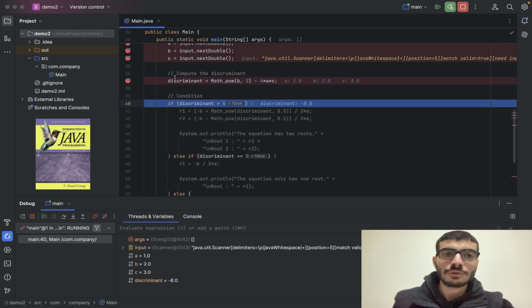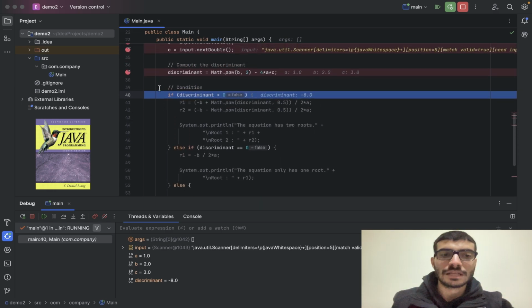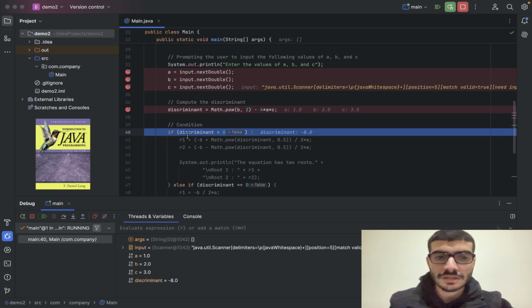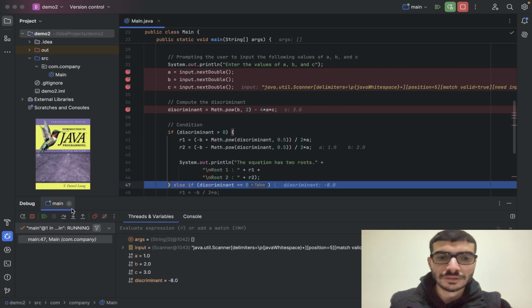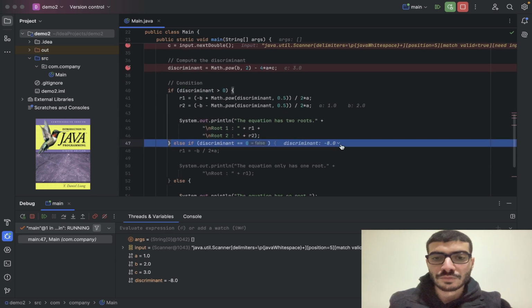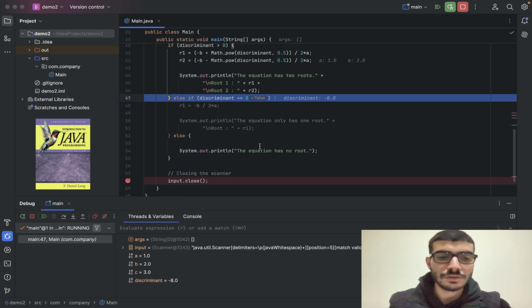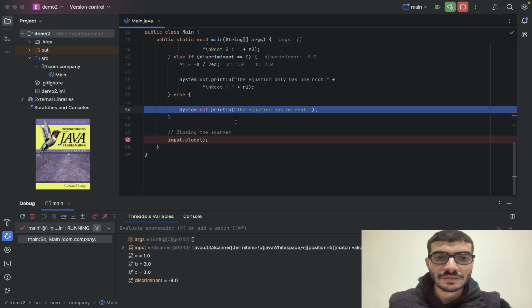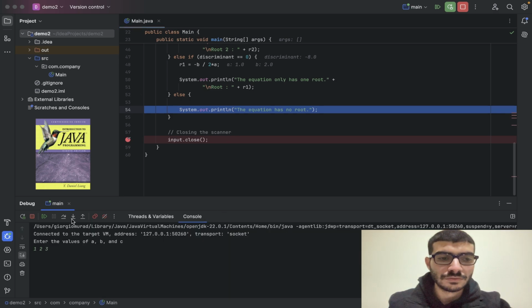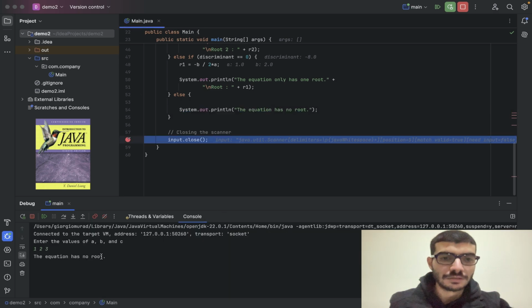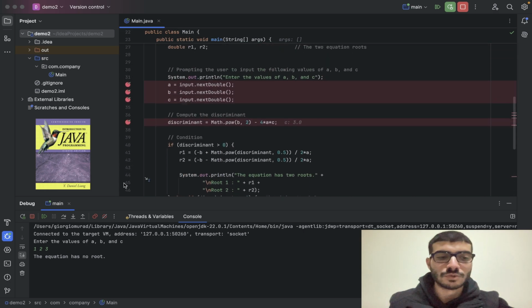Now I entered my selection block for the conditions. So discriminant more than 0, false, since discriminant is minus 8. So step over, discriminant equal to 0, false, and the equation has no roots. It should print this here. Let me step over. Yeah, so this worked.